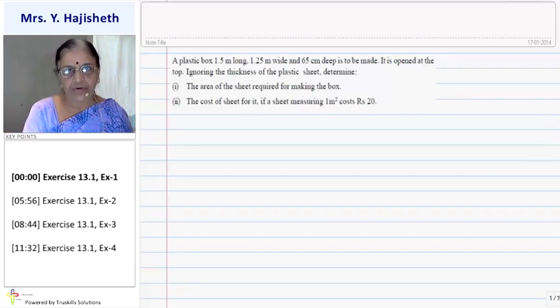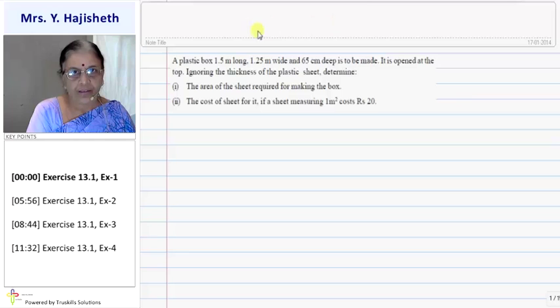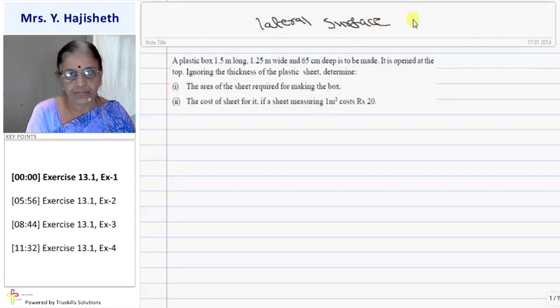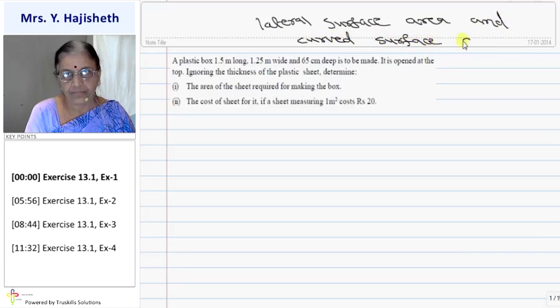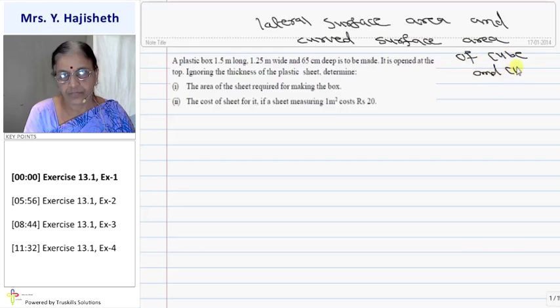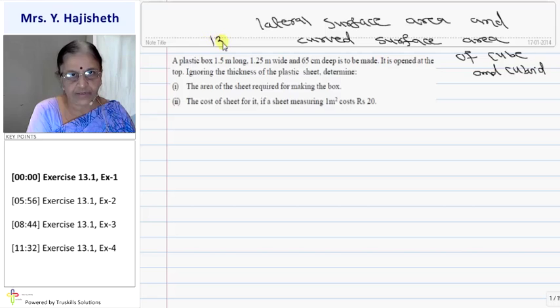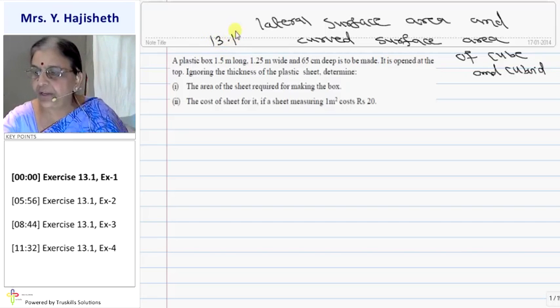So we are going to start doing sums based on lateral surface area and curved surface area of cube and cuboid. Okay, it is given in exercise 13.1.